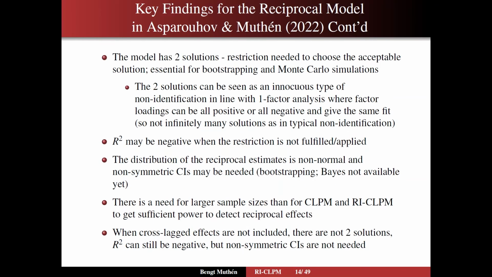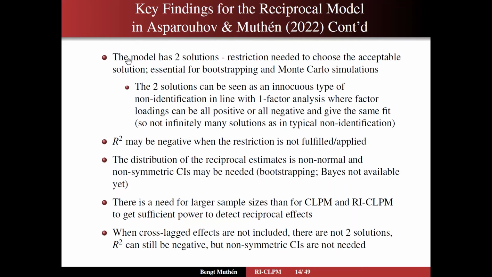Going to slide 14, we get a little bit more technical. An important finding here is the model has 2 solutions. It's a little bit like when you do quadratic equations, where you have a quadratic equation with a plus or a minus solution, and you choose one solution as admissible and the other can be discarded.